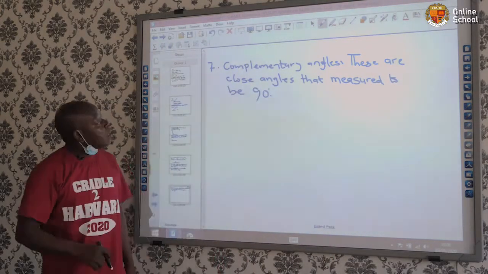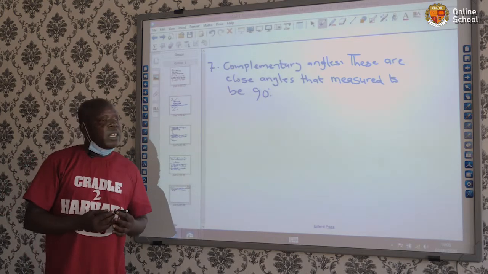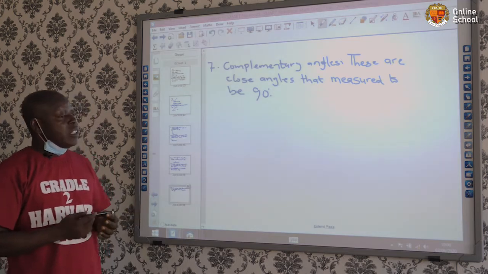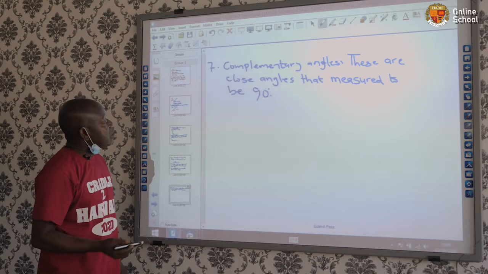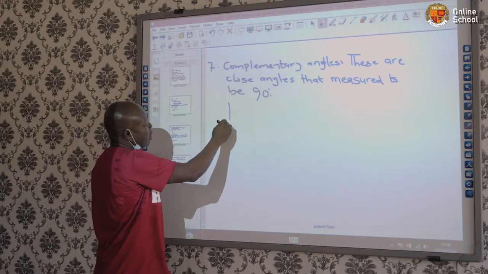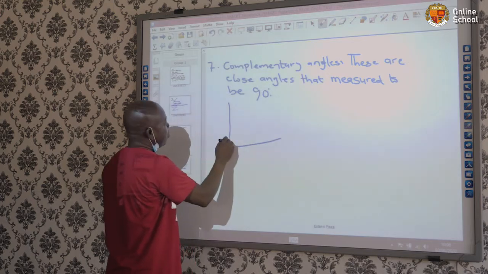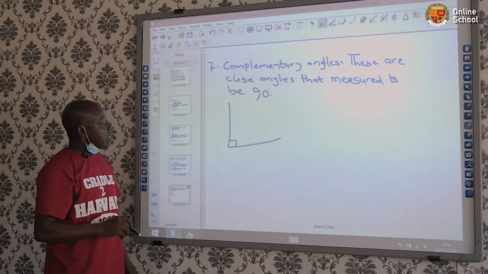A complementary angle is an angle that is close together. Now when you measure them, they give you 90 degrees. They are close angles. So let me show you the diagram so that you get it better. This is a right angle. I told you initially that a right angle is 90 degrees.